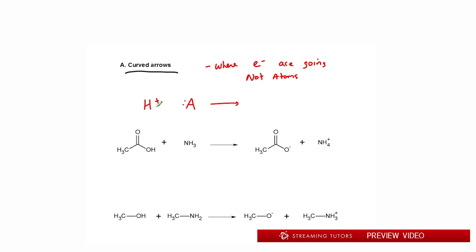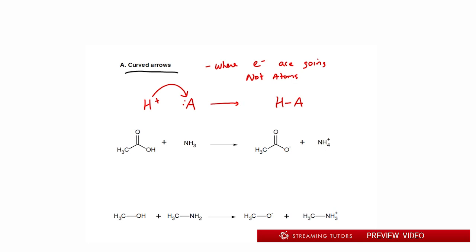So here's my drawing. Now, there are two ways I can explain this to you, and one of them is wrong, but I'm telling you, and I hope it's not you, but people will do this on their test, okay? They will say, well, if H is going to A, then let's draw it this way. H is going to A. That's not true because we're not talking about the atom, the nucleus. We're talking about the electrons, not the actual nucleus or the atom, the label, the symbol.